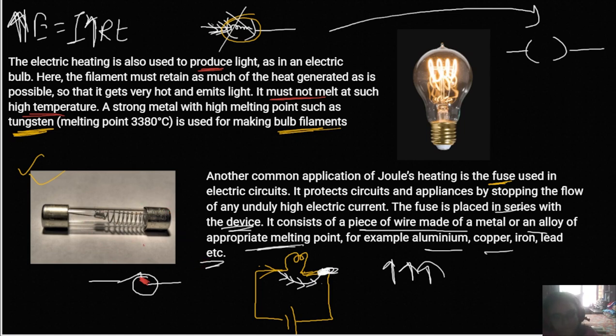So scientists came up with a new form of fuse where the fuse will switch off automatically when it detects a very high amount of heat energy, and after some time we can go and switch it back on again, and the circuit will be completed again, and the appliance will get switched on again. So that is it.